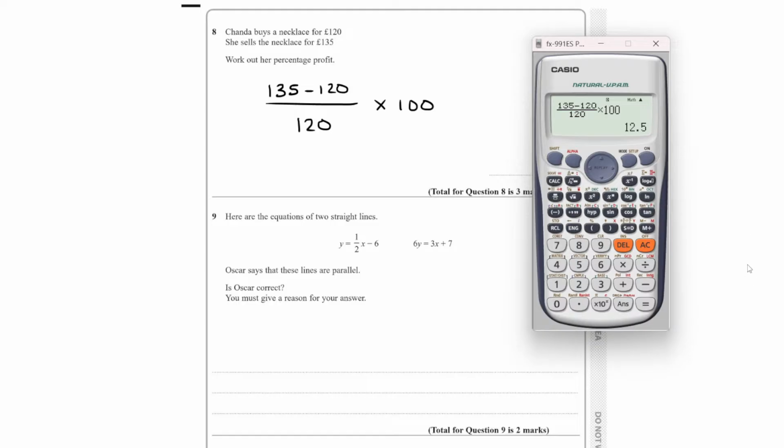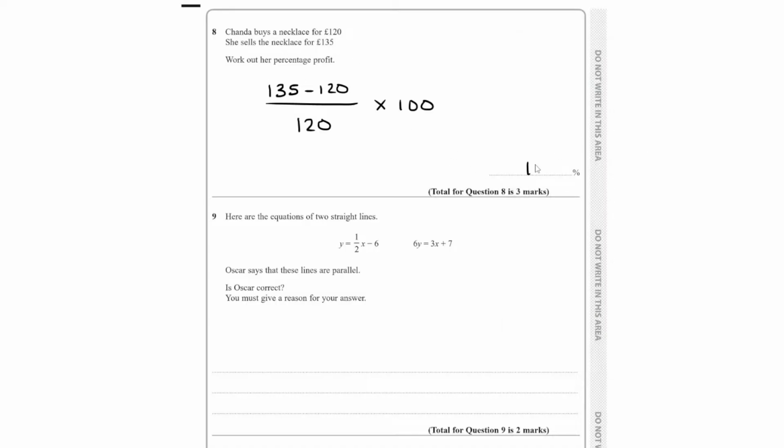And that gives me 12.5%. Difference divided by the original amount times 100. It's the exact same formula, just related to the context. Obviously that's an exact answer. I'm sure if you put it as a fraction they'd probably allow it, as long as it means 12.5, then that's fine.